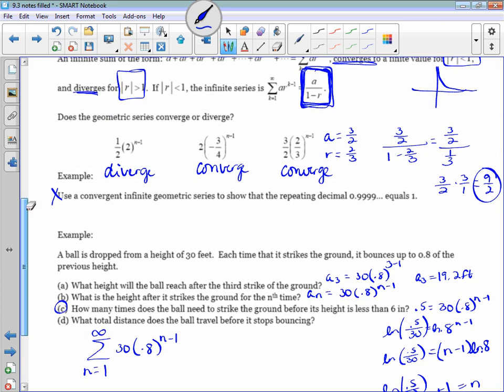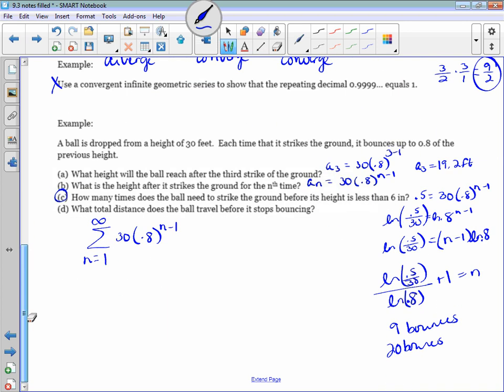It's A over 1 minus R. Because guys, you can't put that infinite sigma in your calculator. What if I made you do this without a calculator? Then no, you could not.